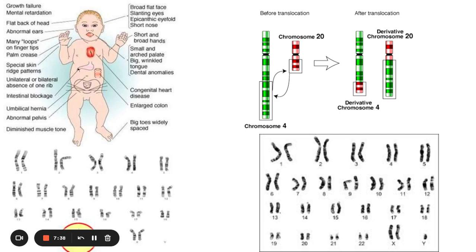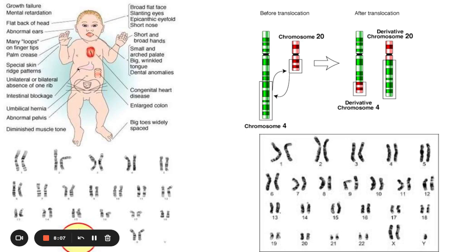Here are some of the typical characteristics associated with an extra 21st chromosome. Sometimes some heart issues, sometimes some difficulties in development, some certain facial structures that lead to the condition we call Down syndrome. It's a whole host of different things caused by having that extra 21st chromosome.